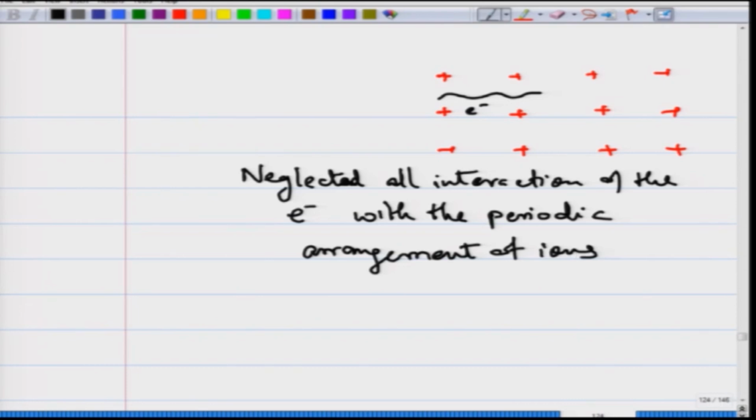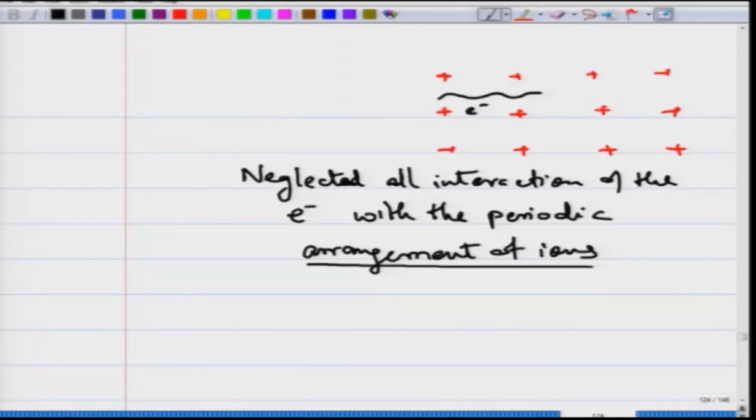So, the electron should feel a periodic potential because of these positive ions, an attractive potential. However, we have neglected all of these attractive potentials which are coming from the periodic arrangement of ions, and this turns out to be one of the drawbacks of the Sommerfeld's model, and therefore it cannot explain certain properties of the materials, which we will include now as we go along.